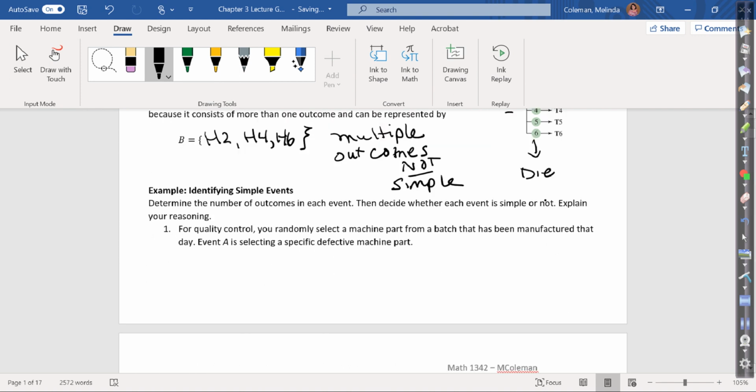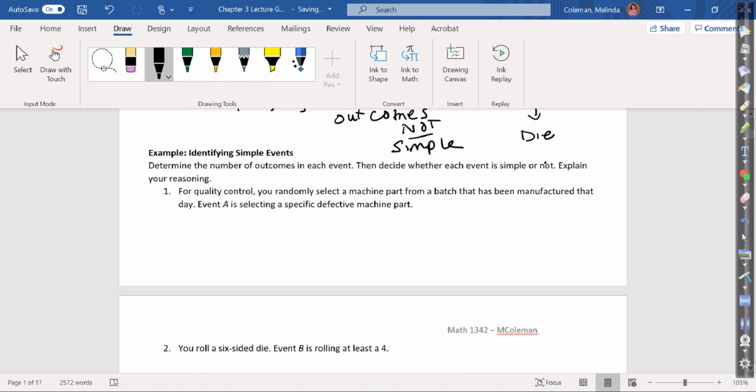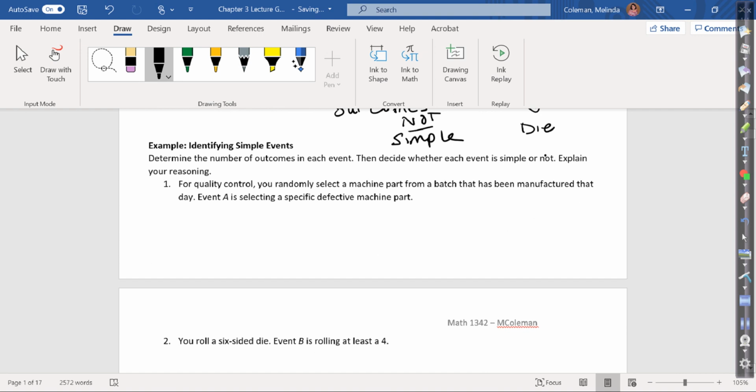Moving on. Identify simple events again. Determine the number of outcomes for each event. Then decide whether it is simple or not. Explain your reasoning. For quality control, you randomly select a machine part from a batch that has been manufactured that day. Event A is selecting a specific defective machine part.